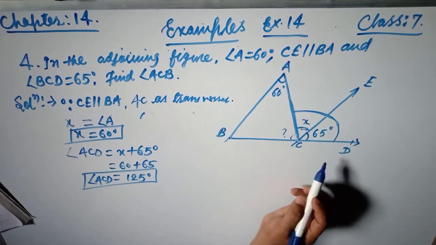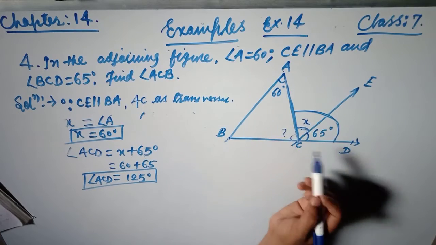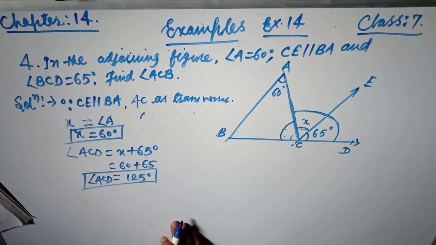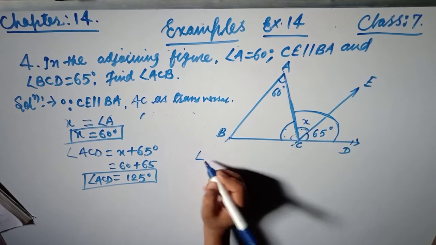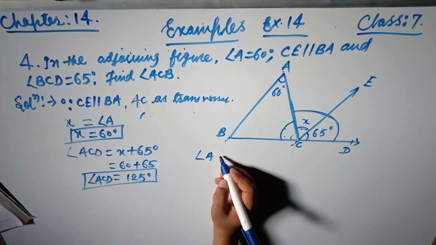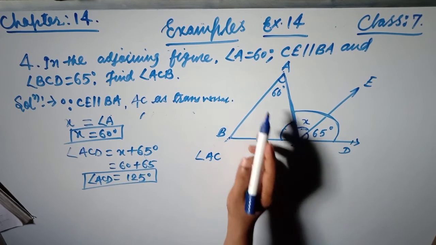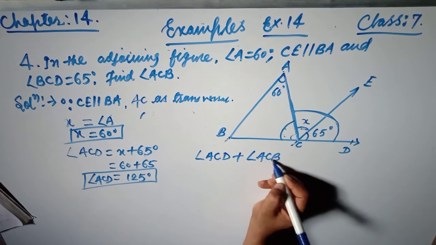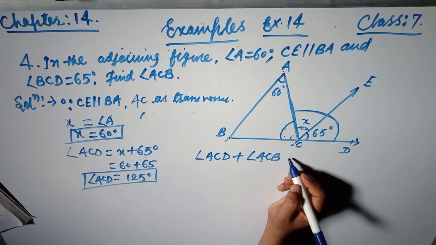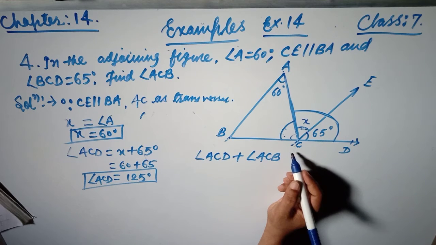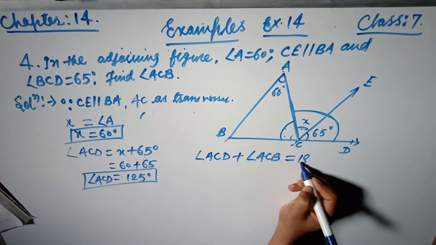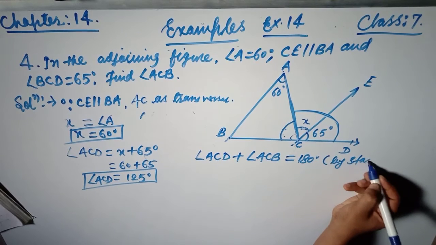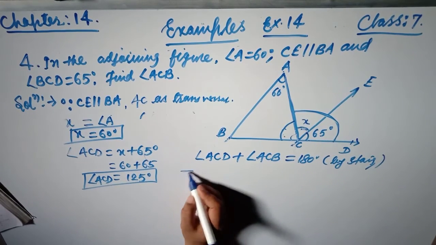So angle ACD plus angle ACB is equal to 180 degrees. The sum of these two angles is a linear pair, a straight angle.